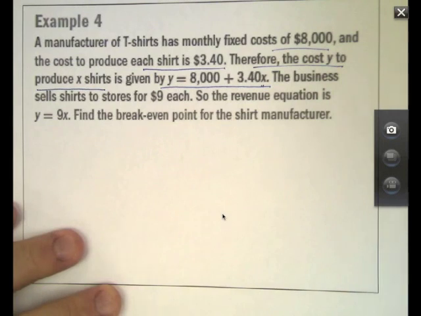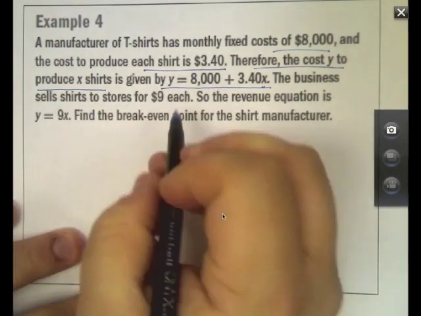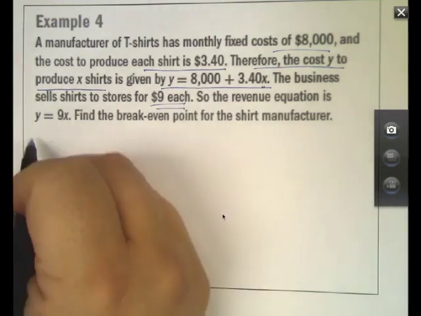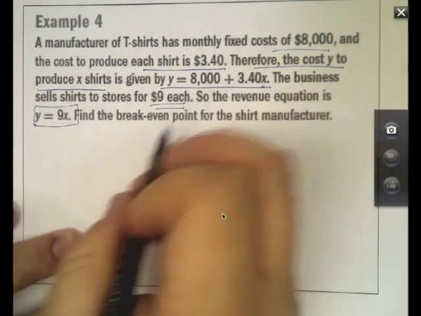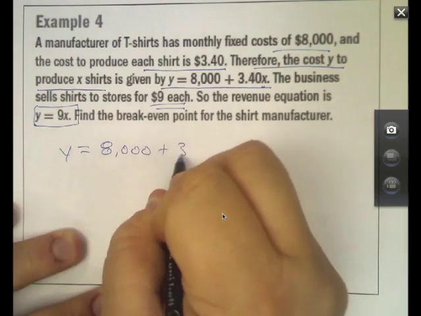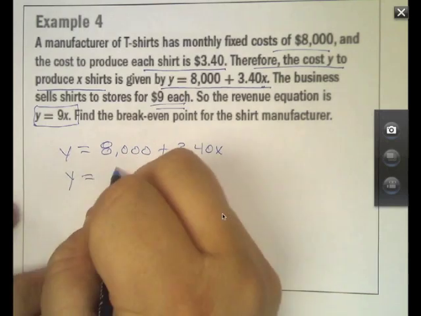t-shirts. The business sells shirts to stores for $9 each. So that's how much they're going to charge each person for a t-shirt. So here are your two equations. Y equals 8,000 plus $3.40 X, and Y equals 9X.